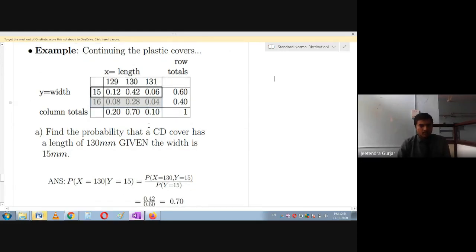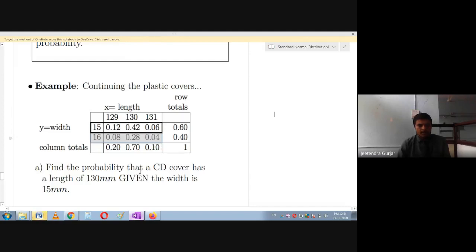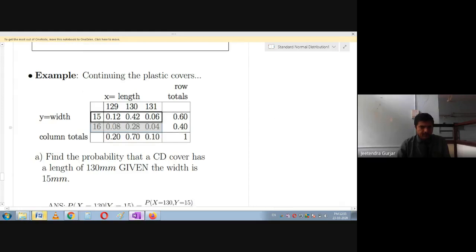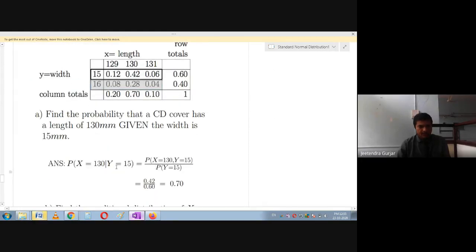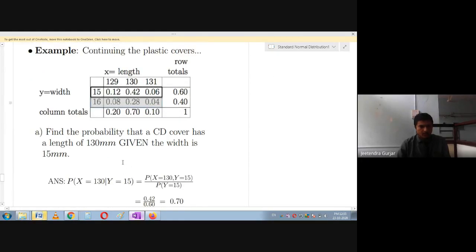A very simple question they may ask you: find the probability that a CD cover has a length of 130 mm given the width is 15 mm. So 130 and 15, you can see where it will come. How are you going to calculate this? X is equal to 130, y is equal to 15, they have told you.